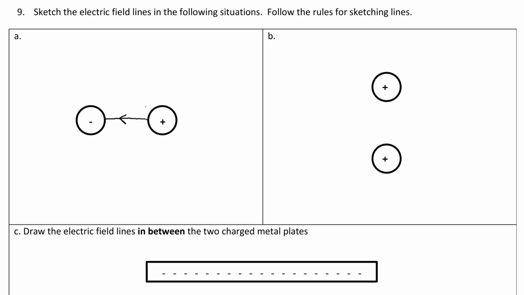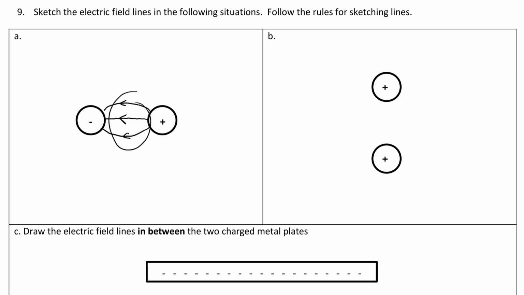So if I put a positive charge here, the positive source is going to push this away. But it doesn't just go off into infinity, because you also have this negative source charge pulling it back in. So we kind of add the vector sum for all those vectors, and we just draw a line like this. Okay, and same on the other side.